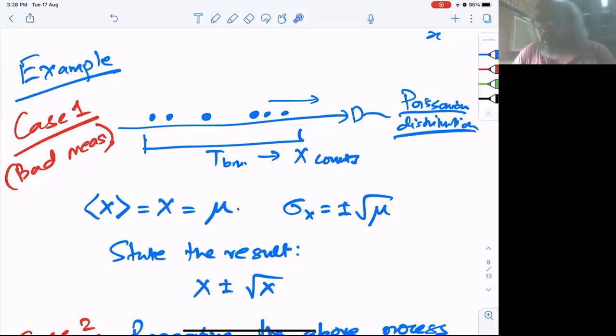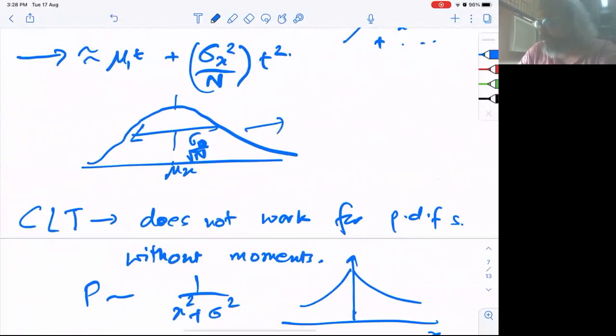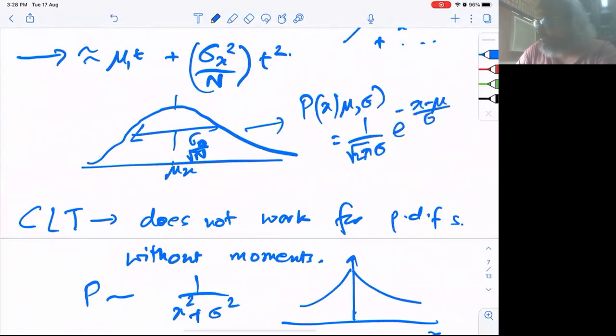Otherwise, I'm talking of probability distributions in exactly the same sense as in high school. If you remember, we did probability distributions for binomial, Poissonian, and Gaussian distributions. For example, this Gaussian is a distribution characterized by just mu and sigma, and it looks like 1 over square root of 2 pi sigma squared times e to the power minus (x minus mu over sigma) whole squared. On the x-axis, it's a continuous variable.